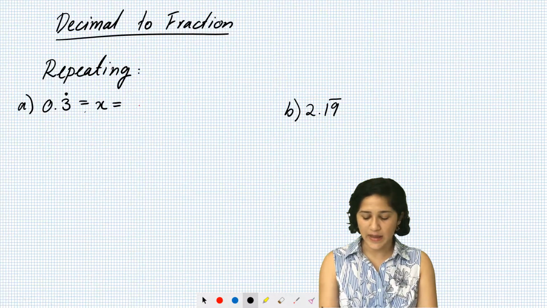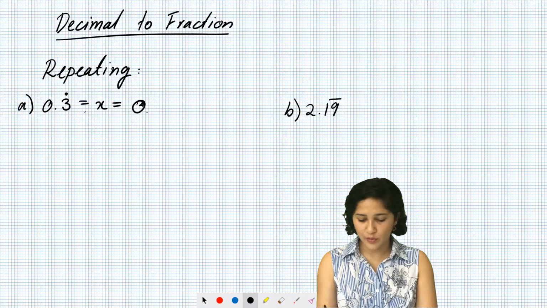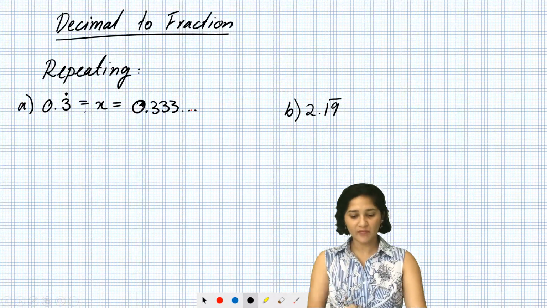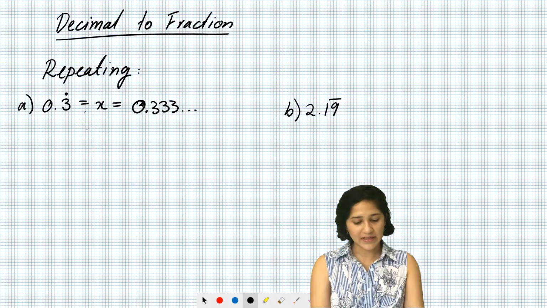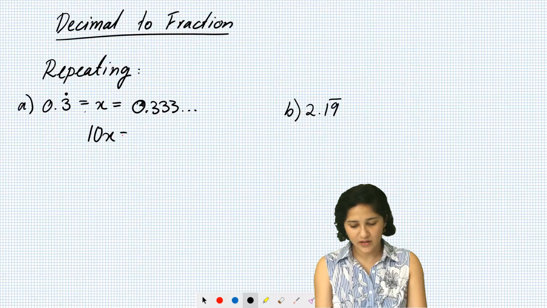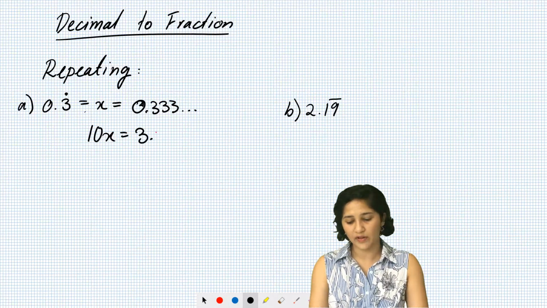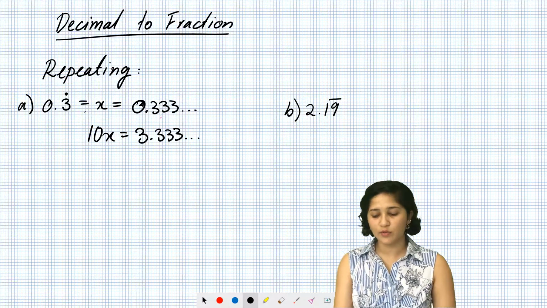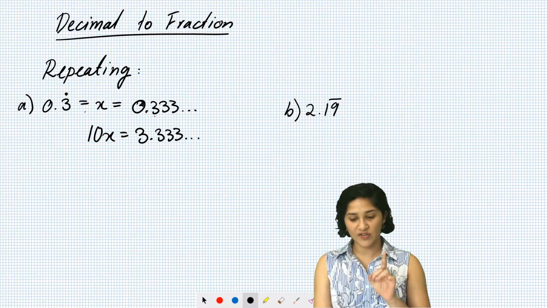So x is the same as 0.333 going on forever. Next, if this is x, 10x would be 3.333, still going on forever. All I did was move this 1 place across.